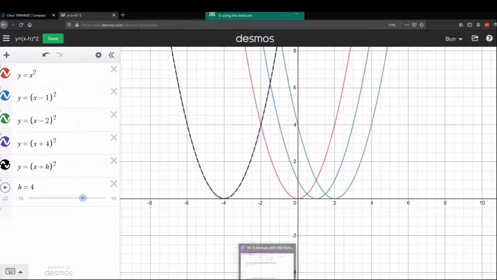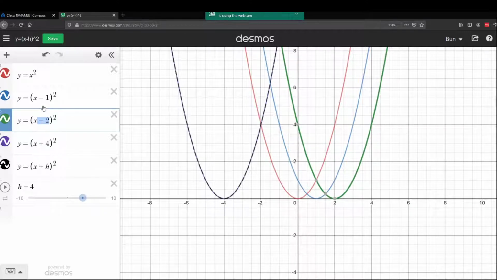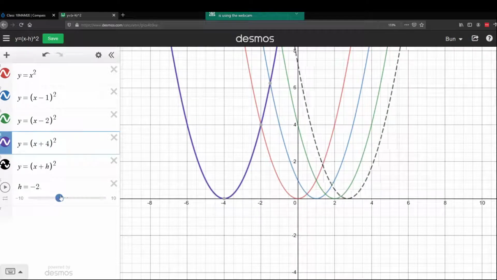Hopefully that makes sense. When the value inside our bracket is positive, it goes towards the left. When it is negative, it gets moved towards the right. And when it is +4, it gets moved 4 units towards the left.